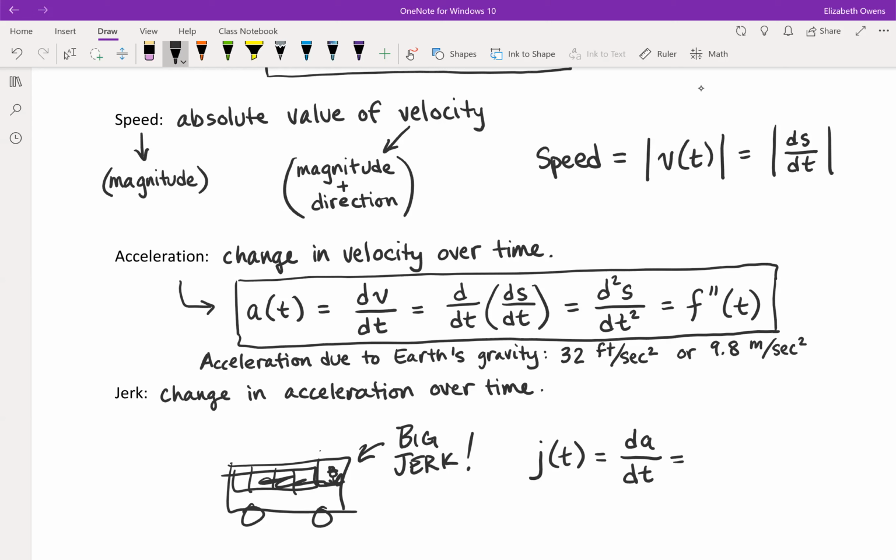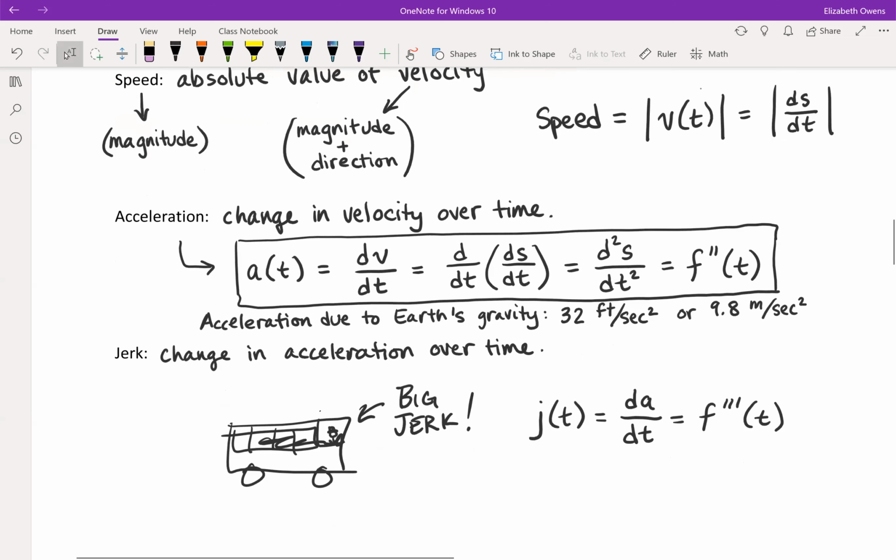Let's write in a variety of notations here. We could write it in Newton notation. We're just going to take another derivative after acceleration. So this is going to be f triple prime of t, the third derivative. Or you could write this as the derivative with respect to t of another expression for acceleration.